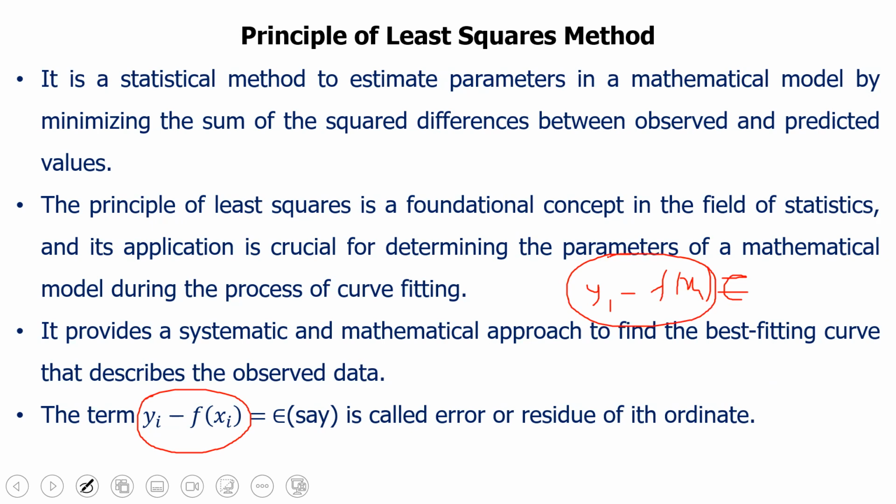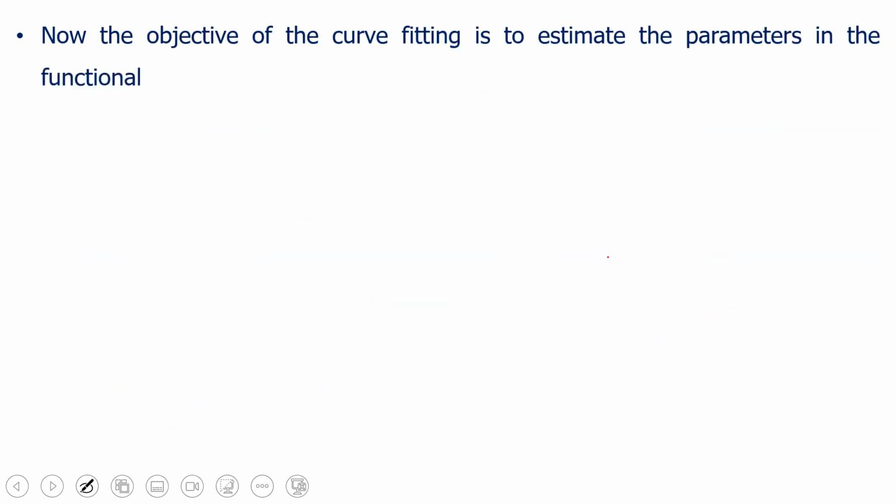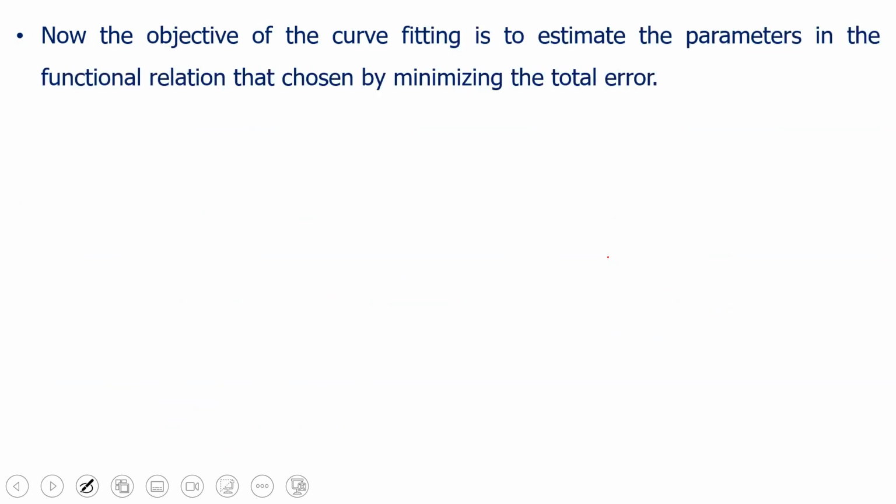If it is minimum, or going to zero, then we get the best fitted equation of the curve. The objective of curve fitting is to estimate the parameters in the chosen functional relation by minimizing the total error. So our aim is to minimize the total error, which is yi minus f of xi.